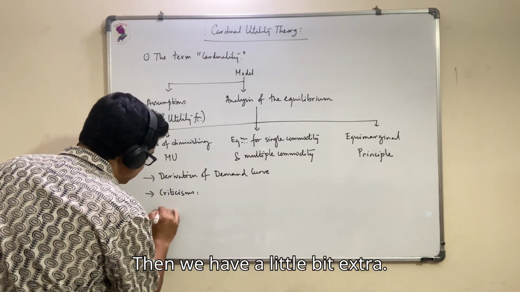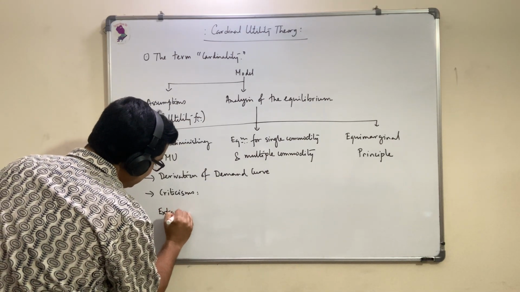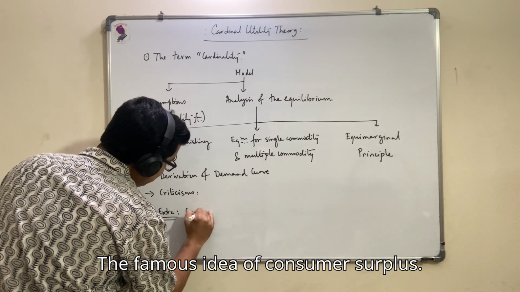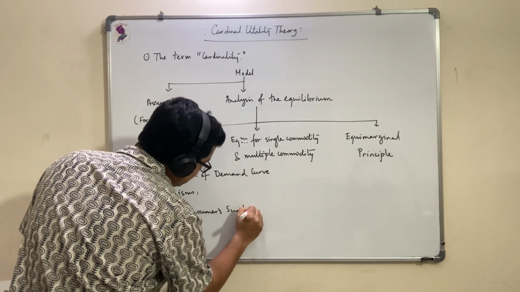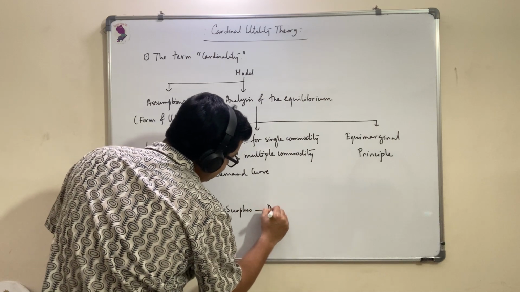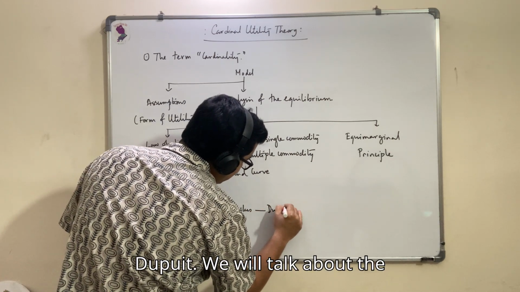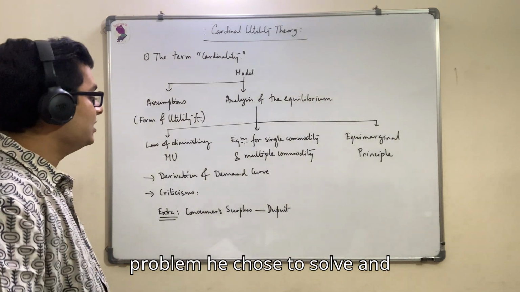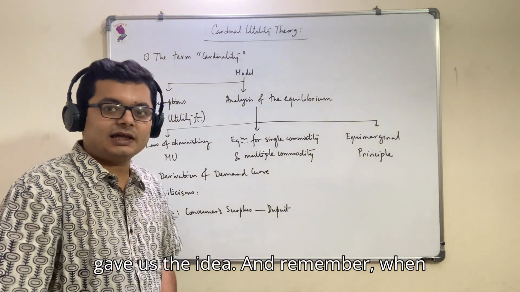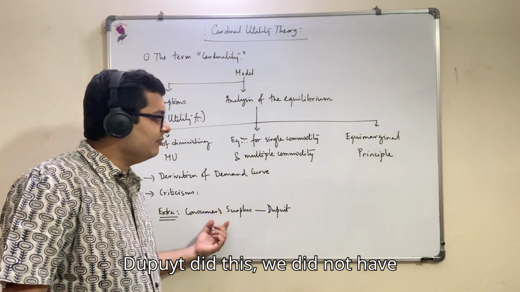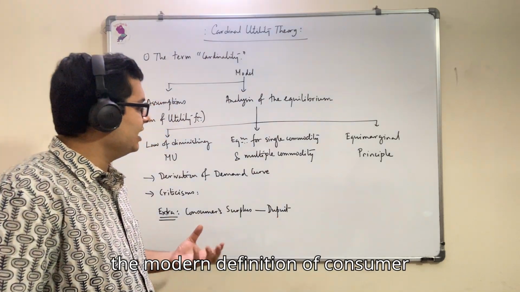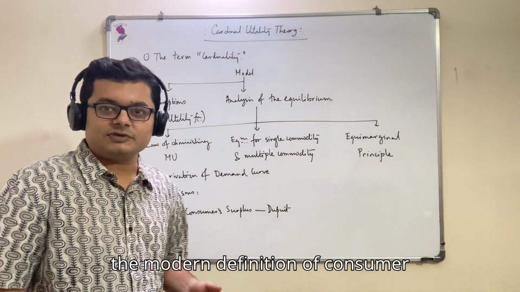Then we have a little bit extra, the famous idea of consumer surplus, the idea which was developed by Dupuit. We'll talk about the problem he chose to solve and which gave us the idea. And remember, when Dupuit did this, we didn't have the modern definition of consumer surplus.